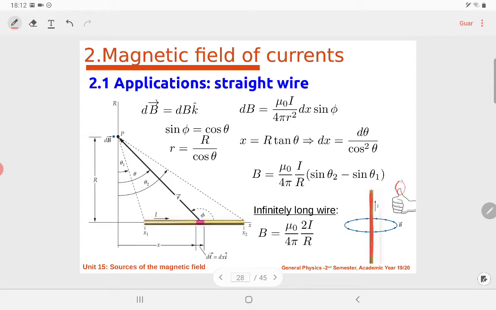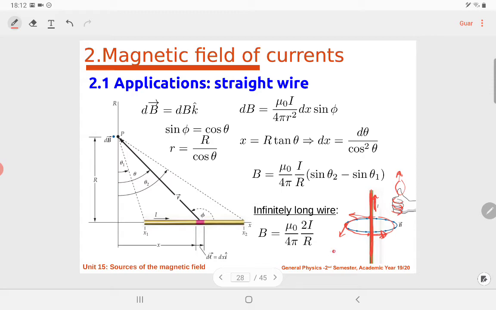That is why the thumb is pointing upwards, because the current was going upwards. Then your fingers give you the direction of the magnetic field at the different points. So at this point, the magnetic field is going to have this direction, because your fingers would be showing this direction. At this point, it's going to have this direction.